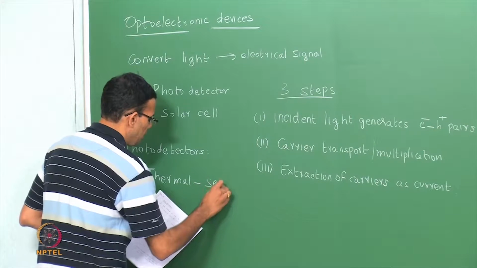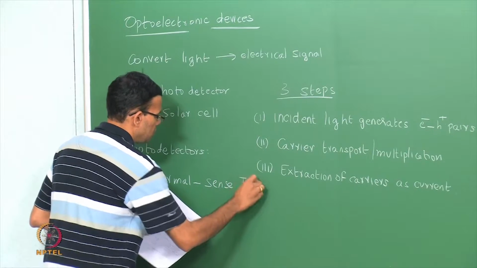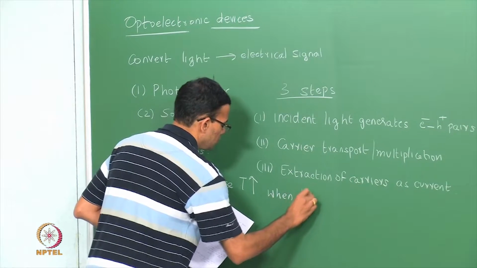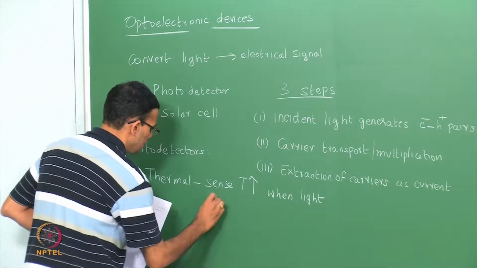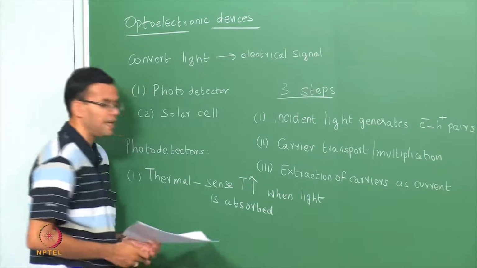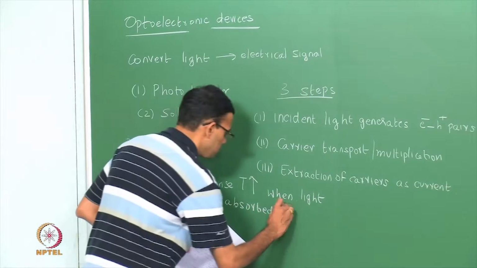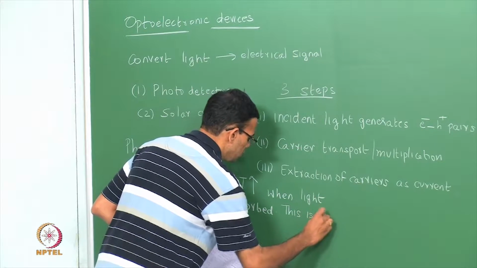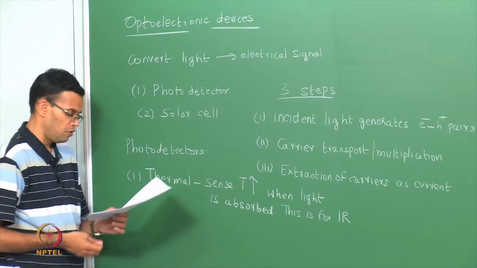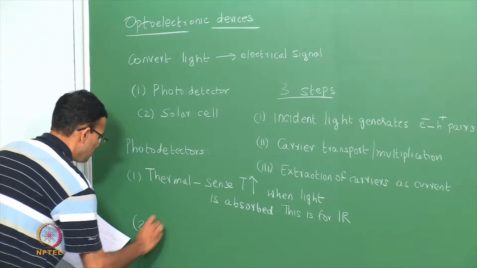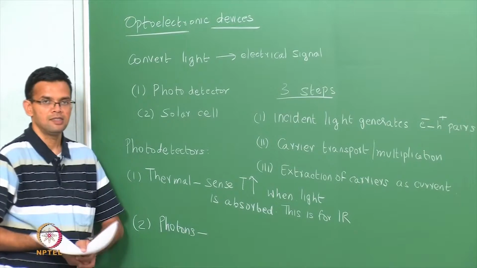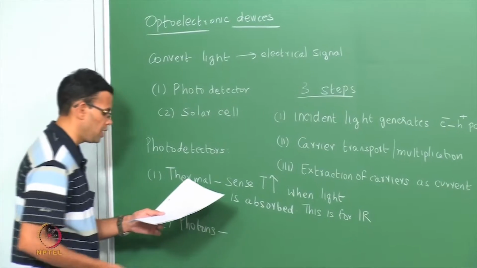So, you sense a temperature rise when light is absorbed. This is mainly used for detecting IR, or infrared, radiation. The other case is your photon detectors, which is the traditional sense in that your photons generate electron hole pairs.